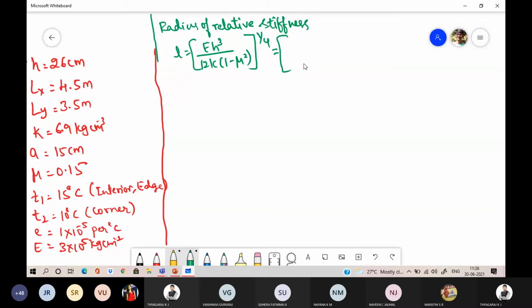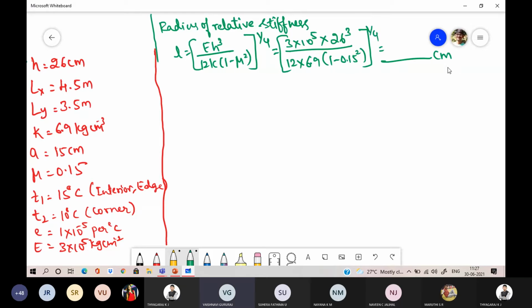So E is equal to 3 into 10 power 5 into H cube, 26 cube, divided by 12 into K, 6.9, into (1 minus mu square, 0.15 square), whole power 1 by 4. How much you have got? 89.84. How much?